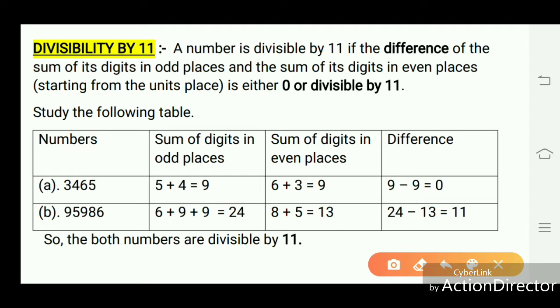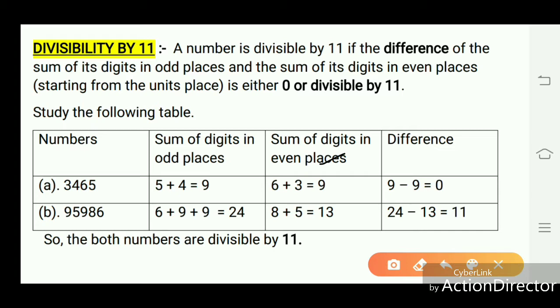The first example, number A, 3465. Here first we find the sum of digits in odd places. The digits in odd places are 5 and 4, so we add these: 5 plus 4 equals 9. Now we find the sum of digits in even places.